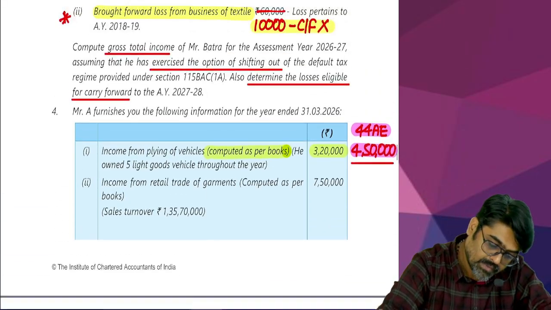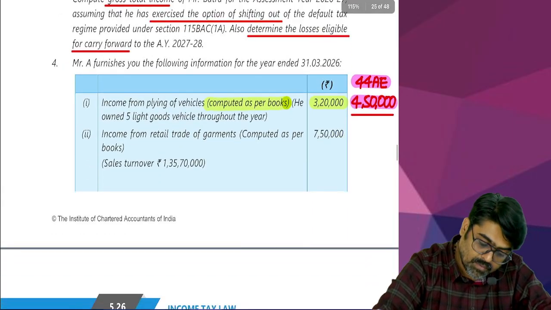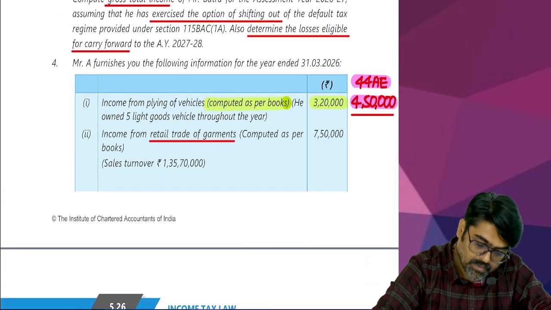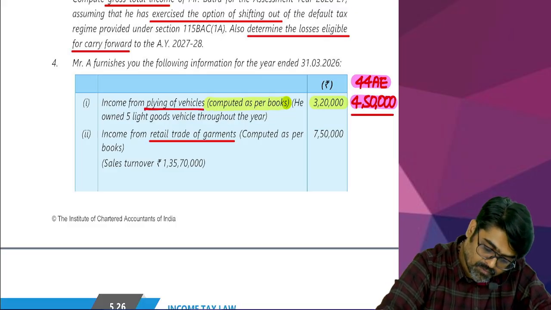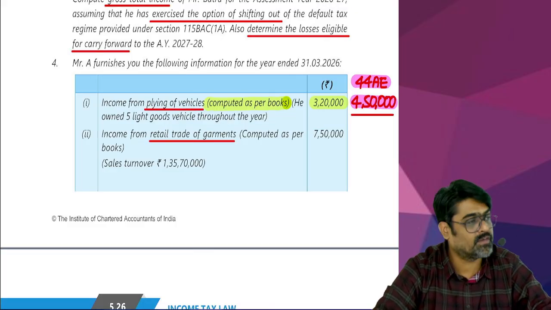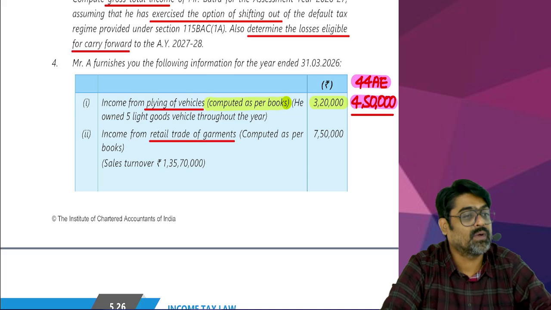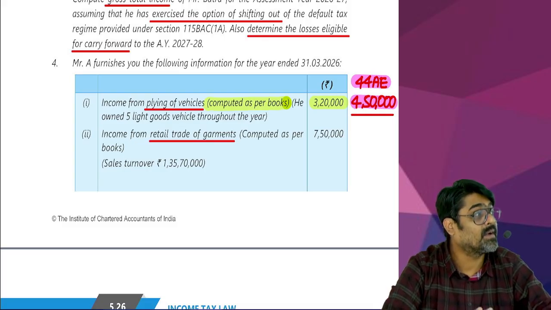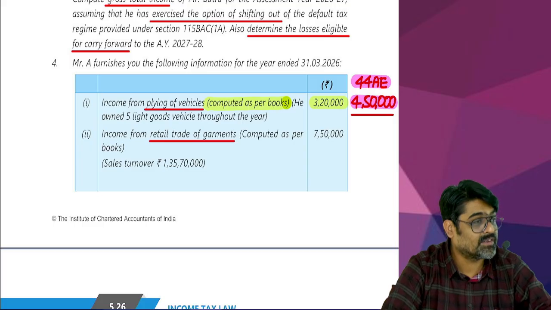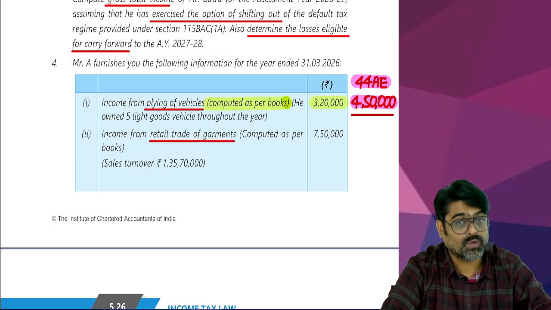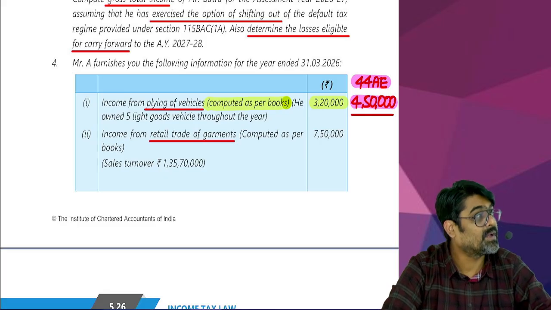Now next one. Next income. Income from retail trade of what? This was plying of vehicles and this is retail trade of garments. This is the second business. Now this business, can I say, assessee is an individual, resident, doing any business other than specified profession, other than transport business, other than commission, brokerage and agency business, any other business, if the turnover of that business is up to 2 crores, then for that business also he can follow 44AD, presumptive income.